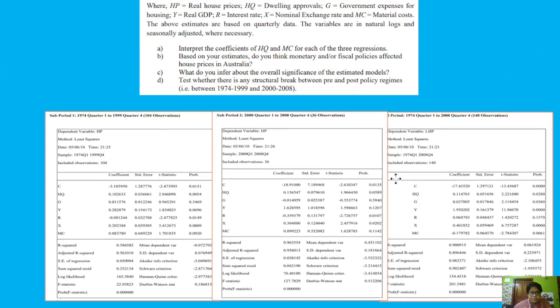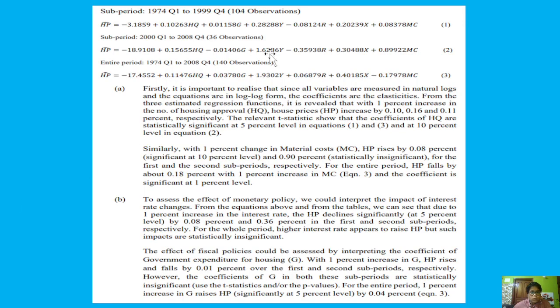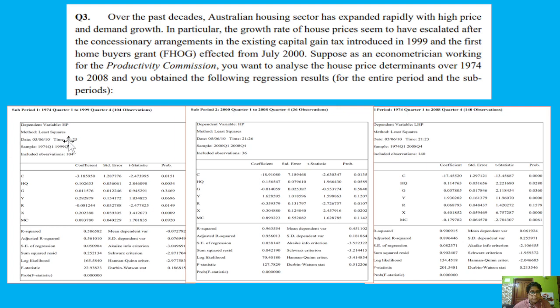Let's solve the question. First you are going to put these values in whatever model they have given. The variables remain constant for each of these regressions, and just the values are changing.